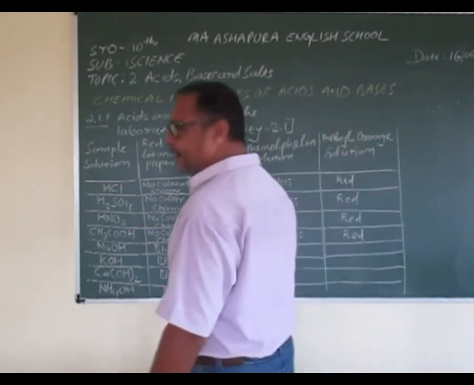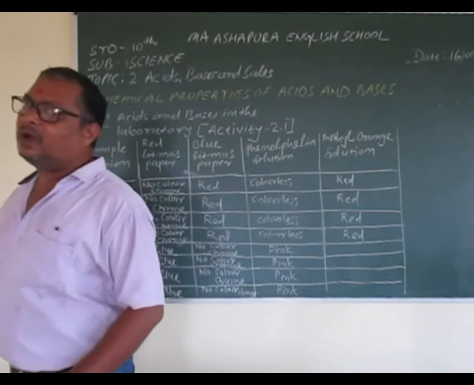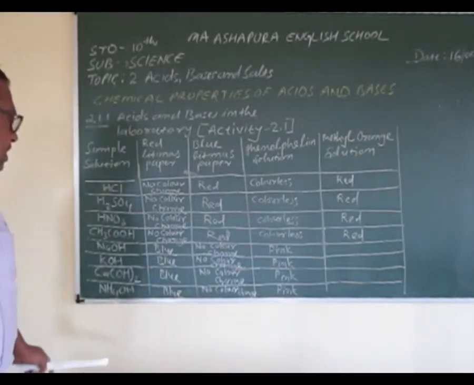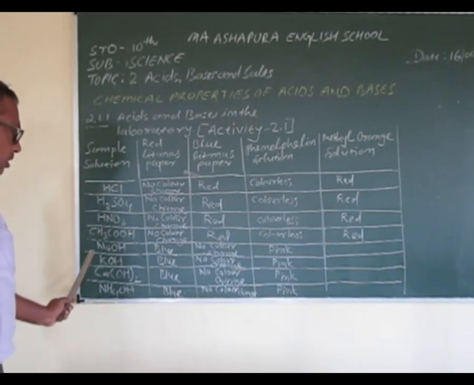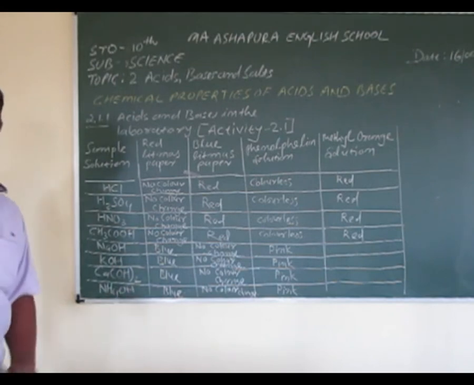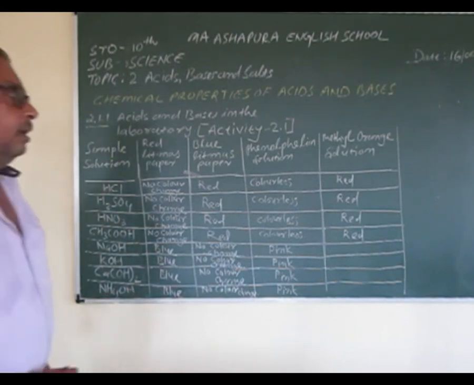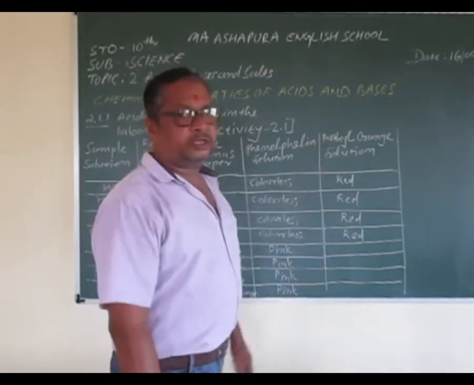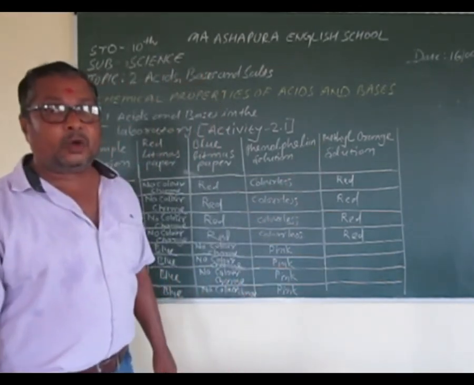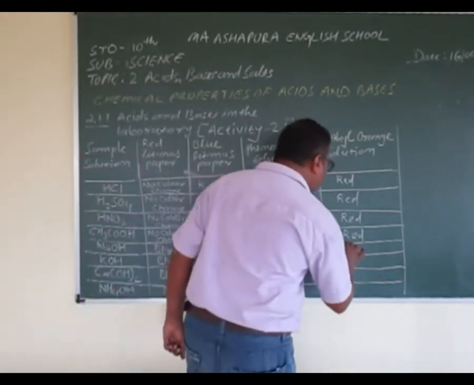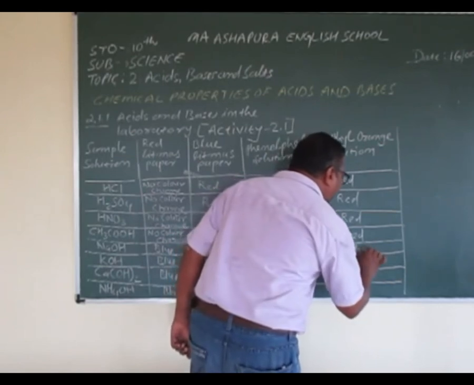Now the last of the observations, the samples of the base: NaOH, sodium hydroxide, or potassium hydroxide or calcium hydroxide or NH4OH, ammonium hydroxide. On reaction with the methyl orange indicator, we get yellow color.